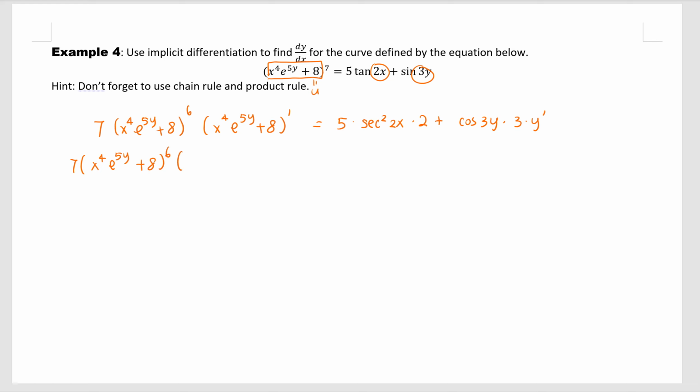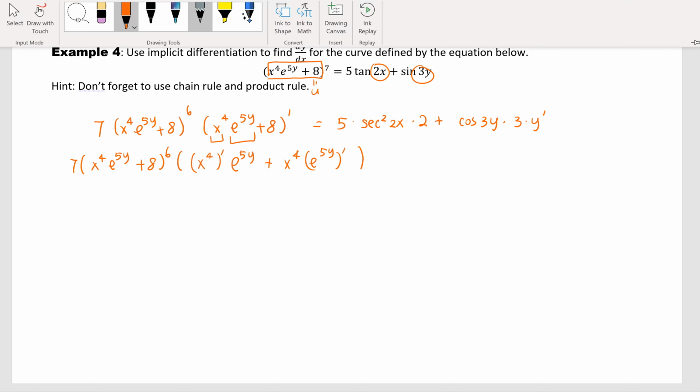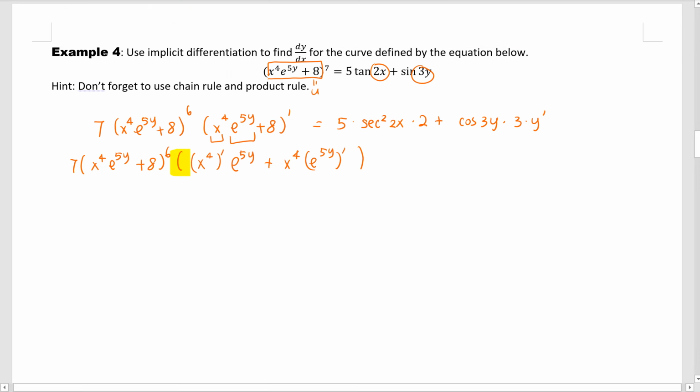But here, this is a product. So we need the product rule. That is the first guy prime times the second guy, plus the first guy times the second guy prime. The derivative of 8 is just 0. Okay, so don't forget the parentheses here.